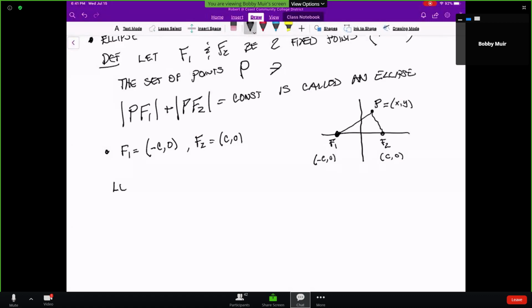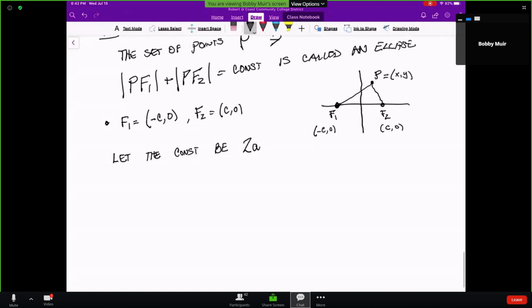Okay, so let's let the constant be 2a. Now there's a reason for this. If you don't do this, there's this annoying 1/2 that tracks around the problem. So if you go back to the beginning and call it that, then it's okay. All right, so we'll go from the distance thing.